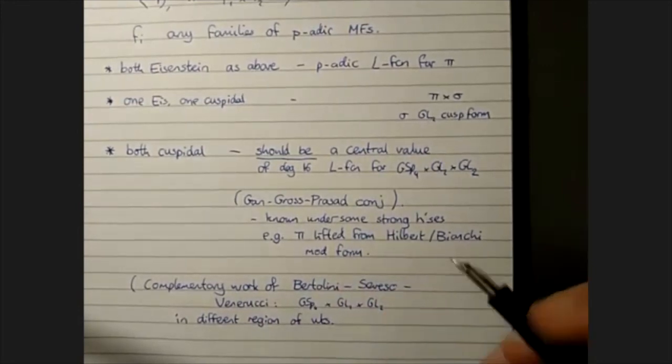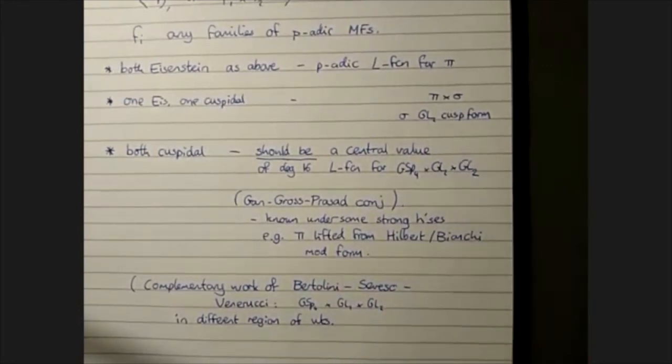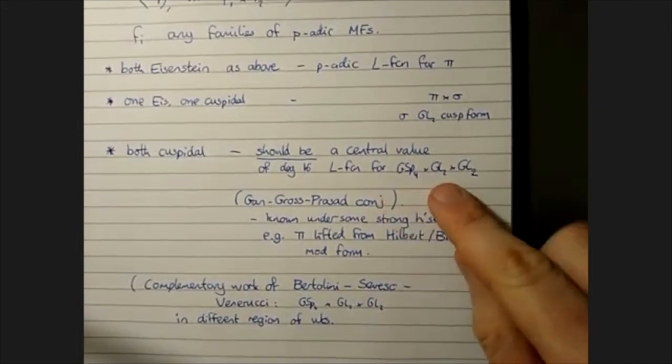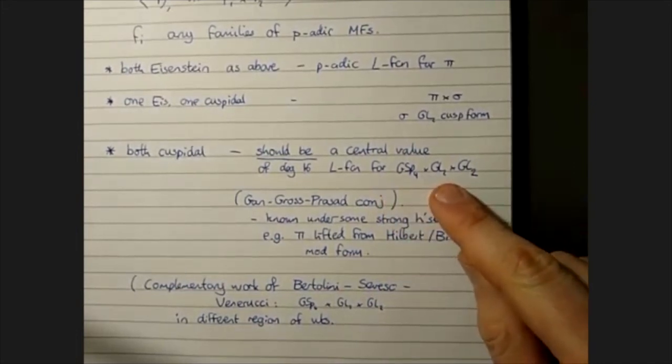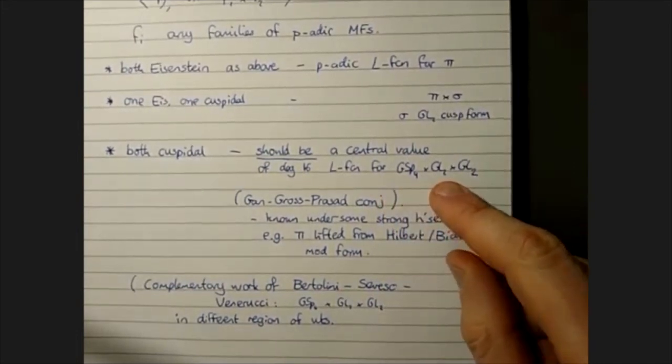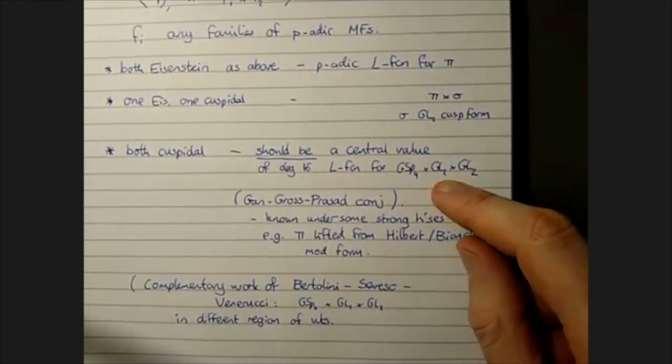So we assume that the weights of the GSp4 thing are quite large, and these cusp forms have quite small weight. So in some sense, the GSp4 factor is dominant.